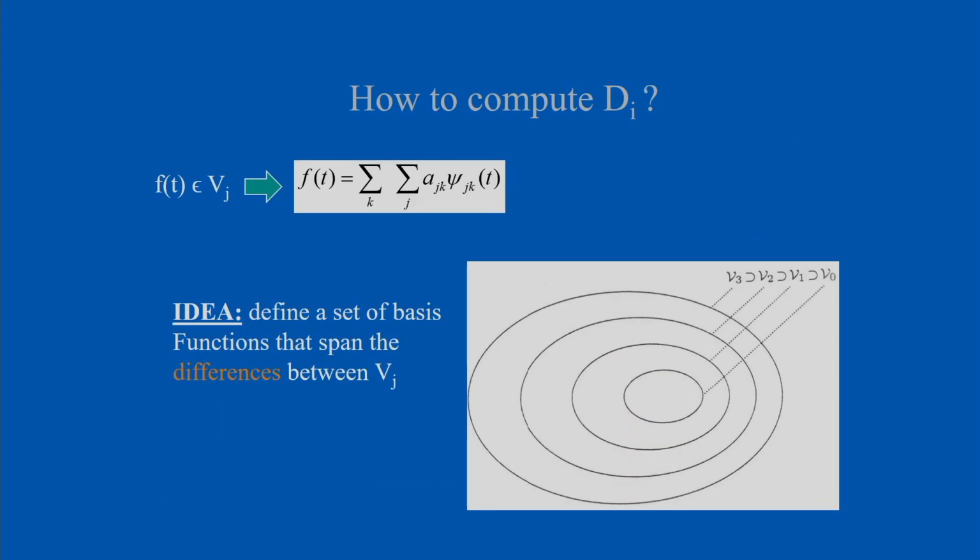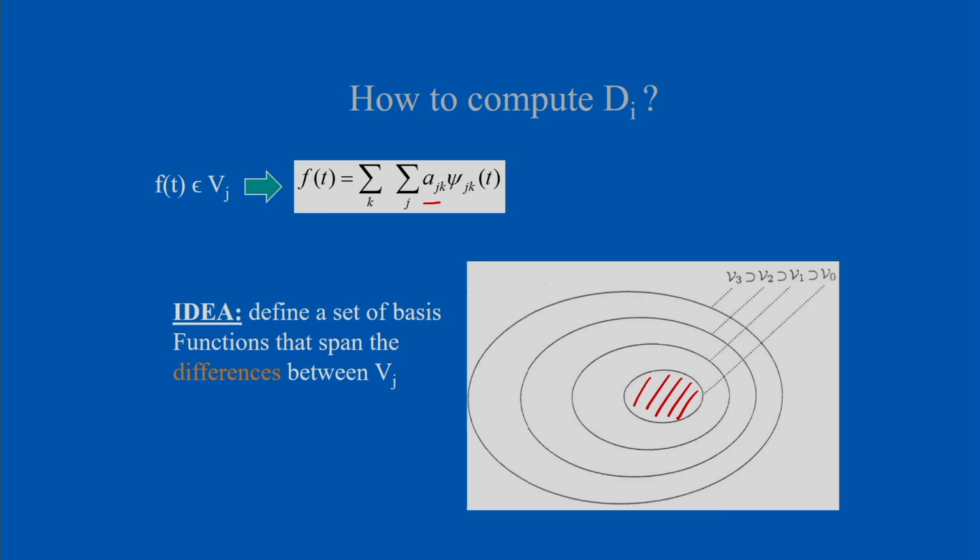So that means the function is represented like this. f(t) is equal to the summation over k, summation over j, and ajk is the coefficient, and the basis function is psi jk. Now in this case you can see I am considering the space V naught. Now how to get V1, that is the big set as compared to V naught?